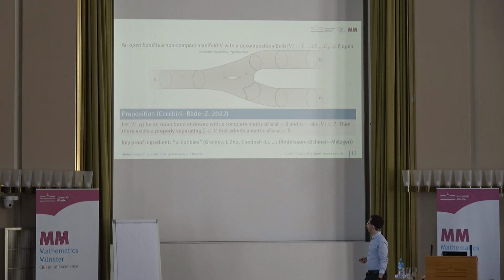And the proof ingredient here is something which has been introduced recently by Gromov, which is a variant of the minimal hypersurface technique, where rather than making the mean curvature 0 or minimizing volume, you prescribe the mean curvature of the hypersurface to be a certain function.